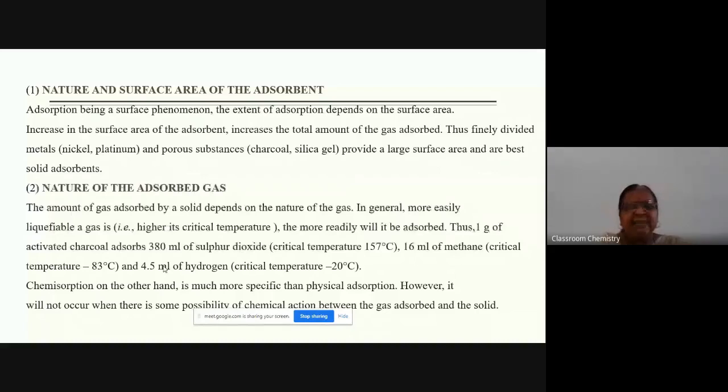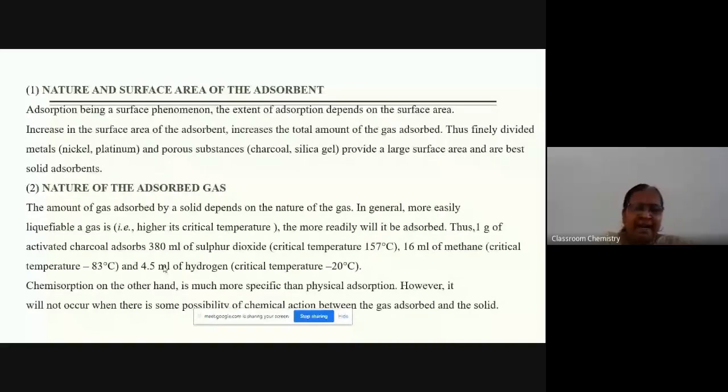This example indicates that the amount of gas adsorbed depends upon the nature of the adsorbed gas. कुठला गॅस adsorb केलेला आहे त्या गॅसच्या नेचरवरती सुद्धा किती अमाऊंट झालेलं आहे हे डिपेंड आहे.